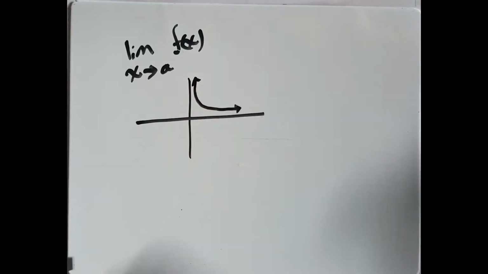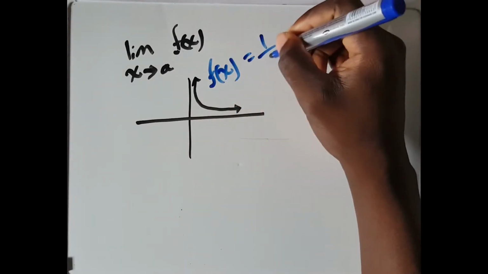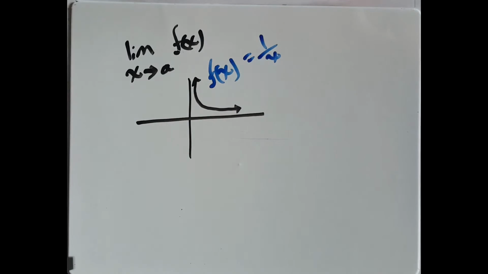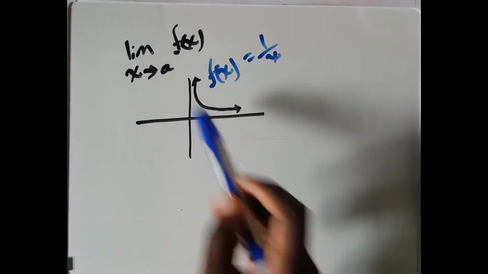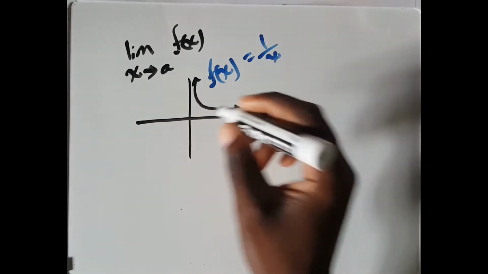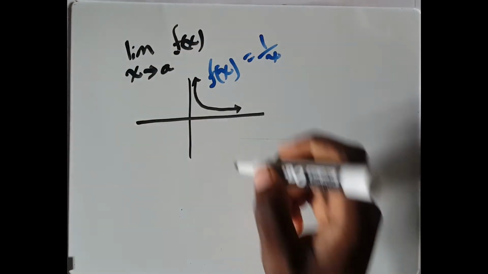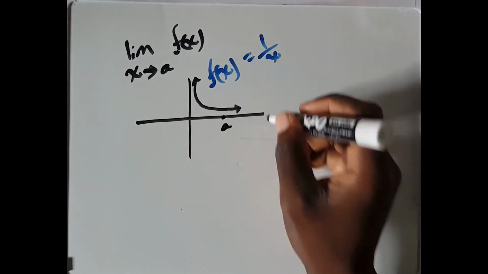So my function, let me do that in blue, f of x, would be equal to 1 over x. I know this isn't drawn perfectly, but 1 over x is somewhat shaped like this. So a point, any given point, say this is my a, because your a will always be on your x-axis.